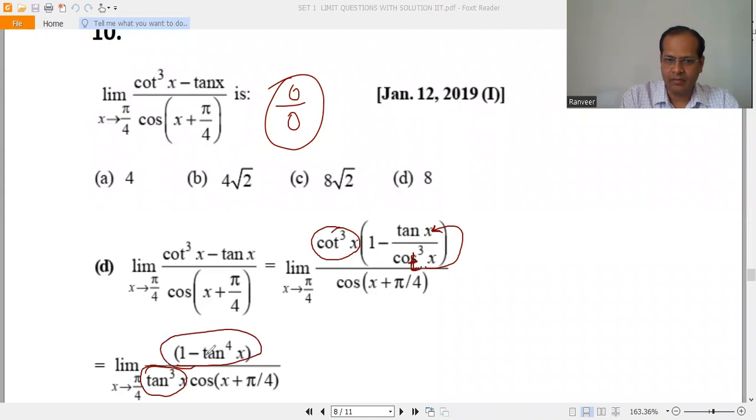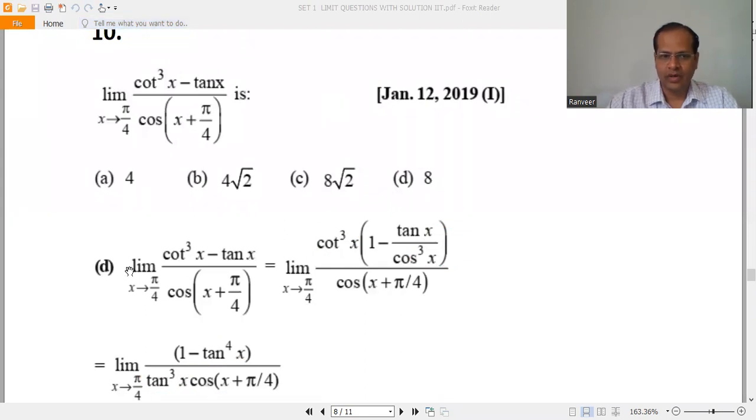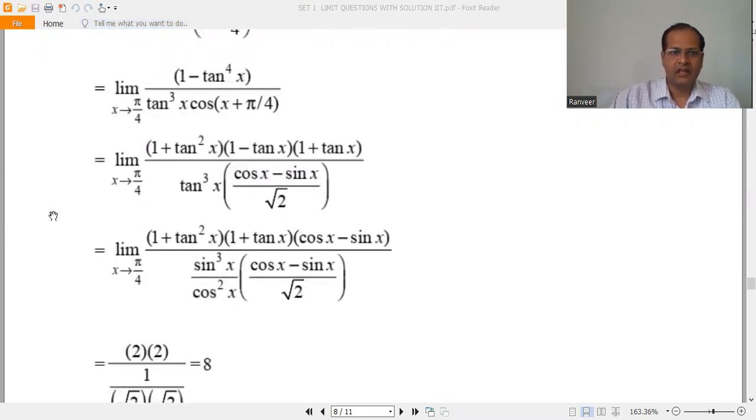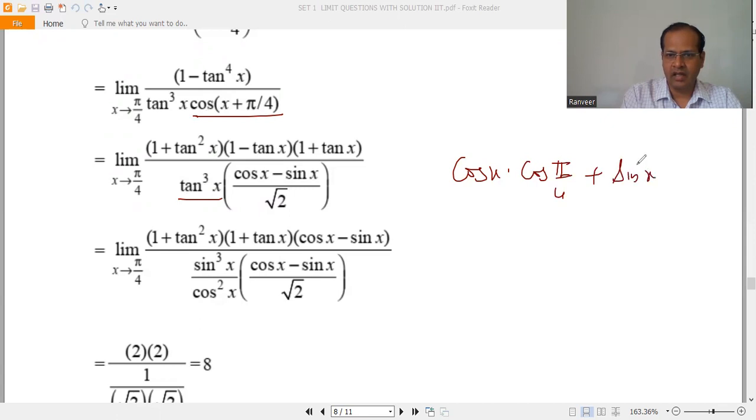This is the first step, and this came down, and this is cos x plus pi by 4. After that, just expand this 1 minus tan power 4x, 1 plus tan square x, 1 minus tan x, 1 plus tan x, tan cube x, and this is cos a plus b, cos a into cos b.